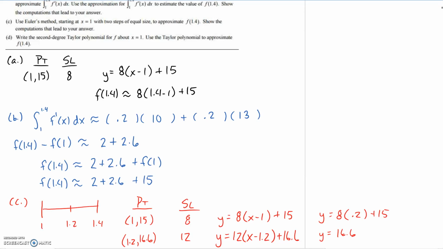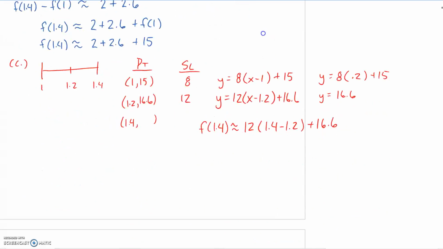And then for part D, write the second degree Taylor polynomial for f about x equals 1. And then we're going to use that Taylor polynomial to approximate f of 1.4. They told us the degree, so the largest exponent should be a 2.